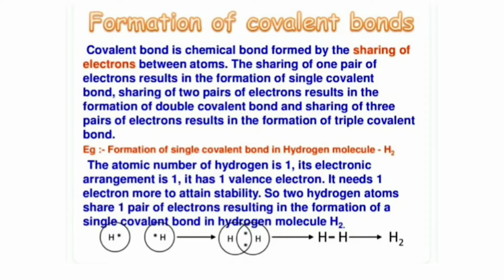Example, formation of single covalent bond in hydrogen molecule H2. The atomic number of hydrogen is 1. Its electronic arrangement is 1. It has 1 valence electron. It needs 1 electron more to attain stability. So, 2 hydrogen atoms share 1 pair of electrons, resulting in formation of a single covalent bond in hydrogen molecule H2.